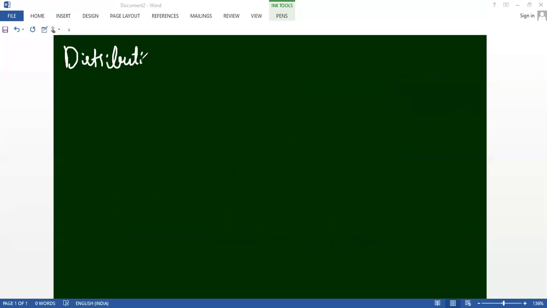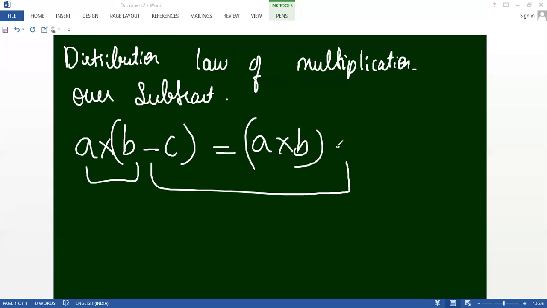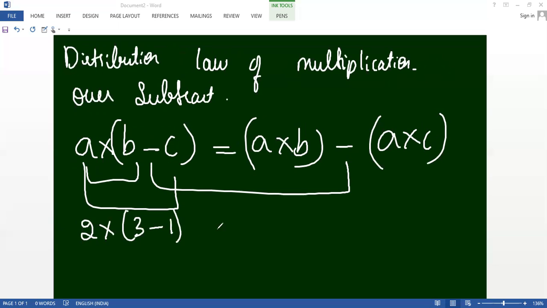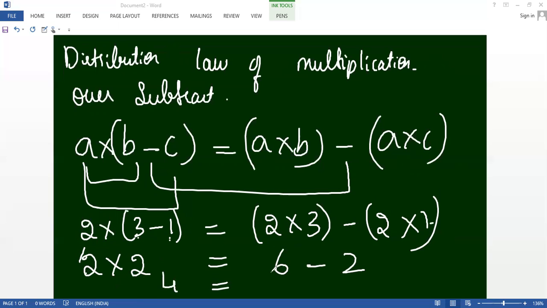And now we have another property, that is the distributive law of multiplication over subtraction. So A into B minus C, here subtraction, will be equal to A into B, then this minus sign, and A into C. If we take an example like 2 into 3 minus 1, that will be equal to 2 into 3, minus again A into C, that is 2 into 1. 2 into 3 minus 1 is 2 into 2, which is 4, and that equals 3 2s are 6 minus 2 1s are 2, and 6 minus 2 is 4.